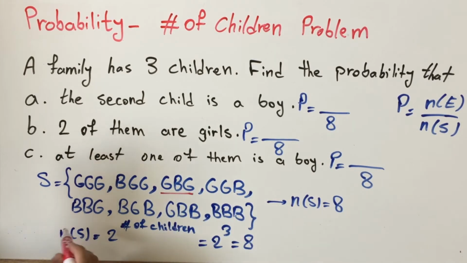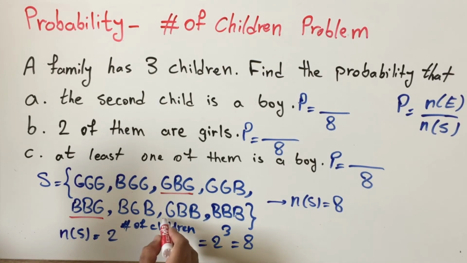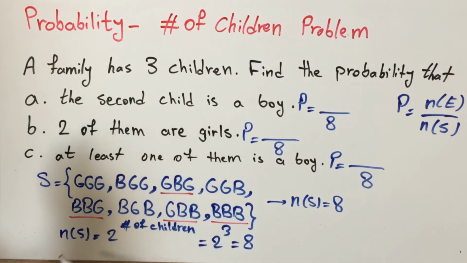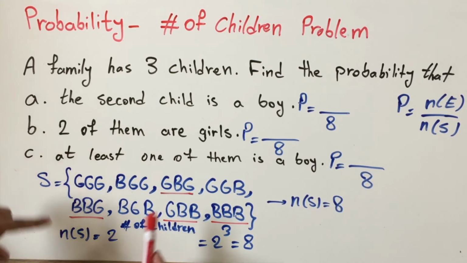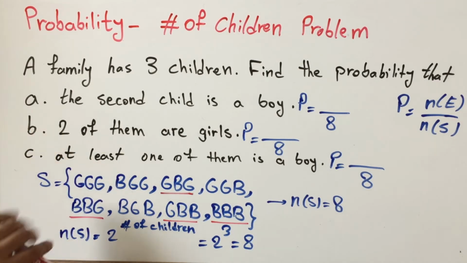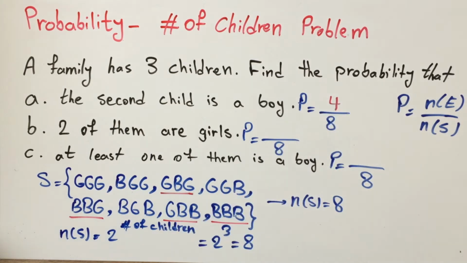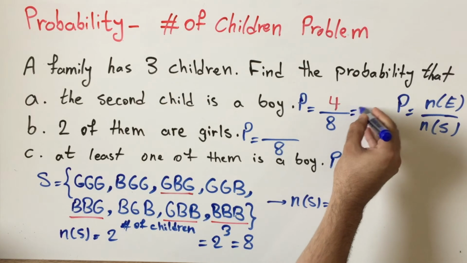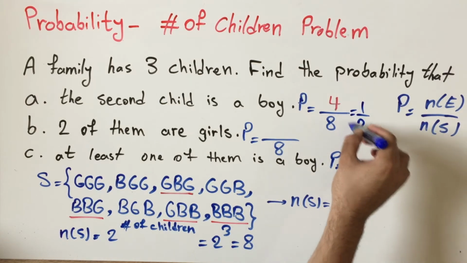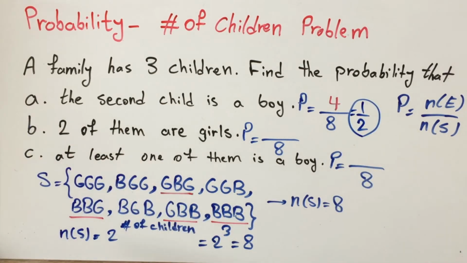This one is not good. This one, the second child is a boy. This one is not. This is okay, and this is okay. So how many answers do I have here? It's 1, 2, 3, 4. So the number of this event is 4. So I'm going to write 4 here. And as a result, 4 over 8 reduces to 1 over 2. So 1 over 2 is the answer for part A.